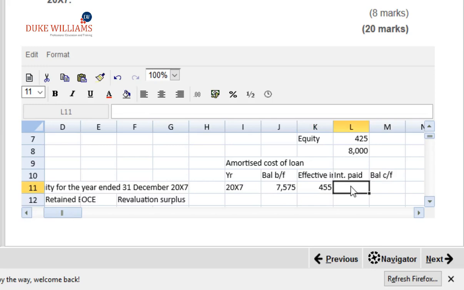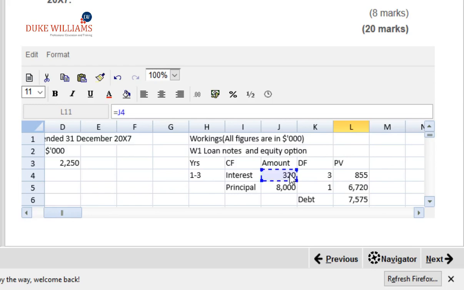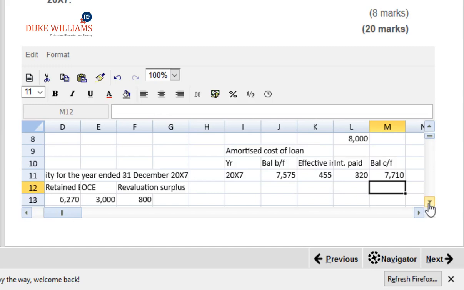And our interest payment should be equal to the interest we have worked out already. Then our closing balance should be equal to the opening balance plus the effective interest less the interest paid. There we have it. So our loan note, the amortized balance is 7710 approximately.